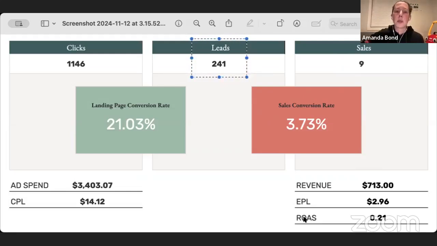But we're at 3.73. So let's say we increase this even just slightly, because remember, these are leads that are now coming into your world, they're paying attention. So a sales page conversion rate, if we're sending a $44 offer to straight cold traffic, yeah, that could be a typical sales page conversion rate.